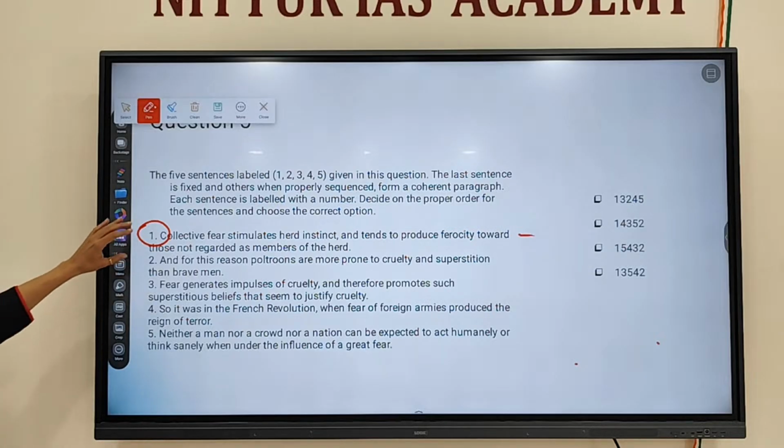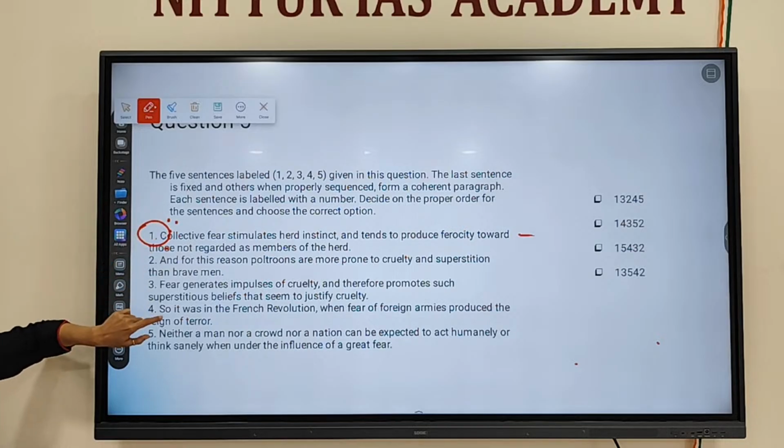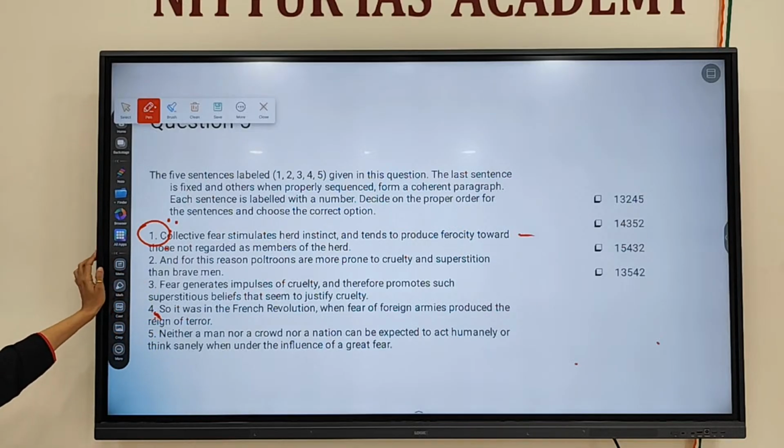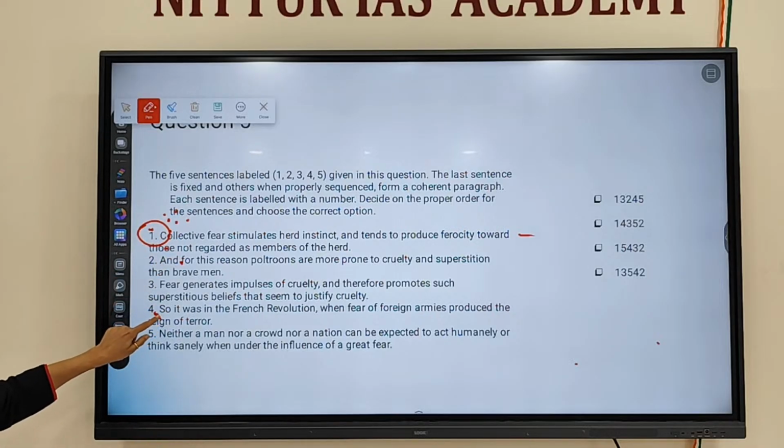See, here we are introducing collective fear. I should say where this collective fear started from, or to give some idea of why suddenly we are talking about collective fear, right? So I'm saying that collective fear stimulates this, and it was in the French Revolution.